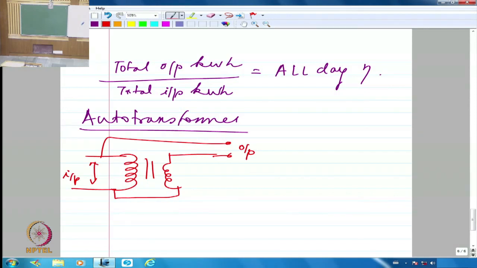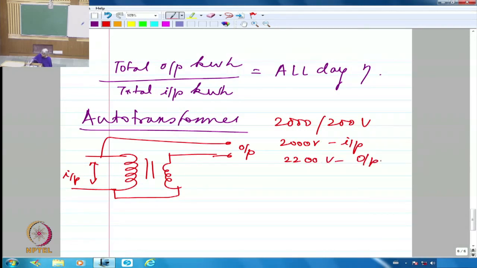But you are given a situation clearly. When you are trying to calculate, you are calculating for a given situation. So if it is a 2000 by 200 volts transformer and I am applying 2000 volts at the input and trying to derive 2200 volts at the output, what I calculate as kVA would be different from applying 2200 volts as input and deriving 2000 volts as output.